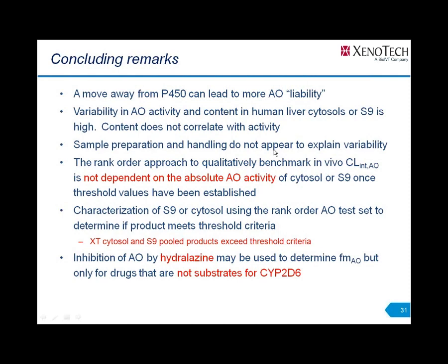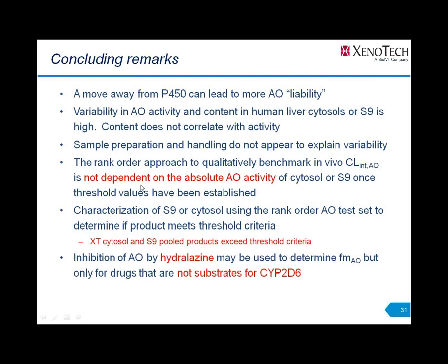The sample prep and various handling and procedural processes do not appear to explain this difference in variability. There is an intriguing possibility, like Brian mentioned, that some environmental factors like alcohol use may play a role, but again, there's not a lot of data out there yet to make a concrete correlation with that.